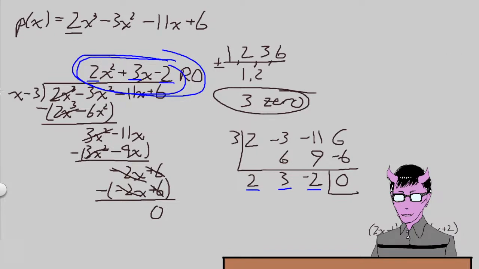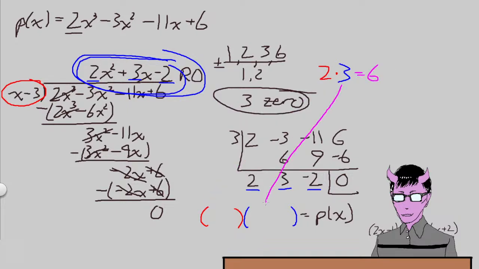That's the red thing, right? And then this is the red factor. So it's going to be red factor times blue factor equals what? The entirety p of x. I'm probably reiterating this too much, but 3 factor times 2 factor gets us 6 factor.